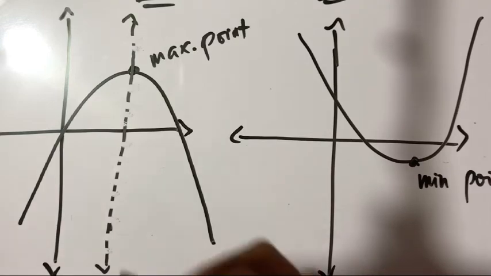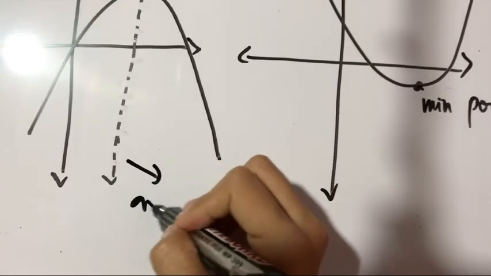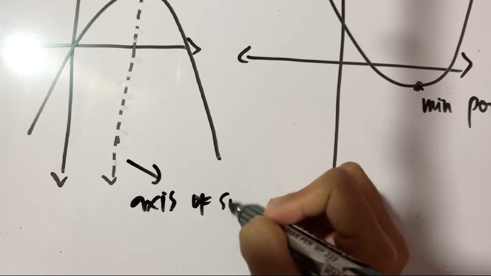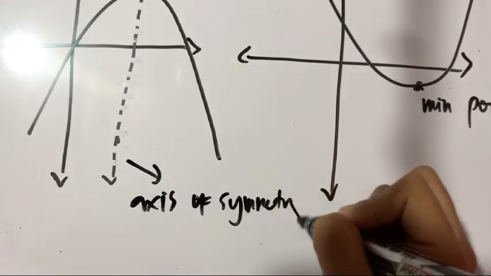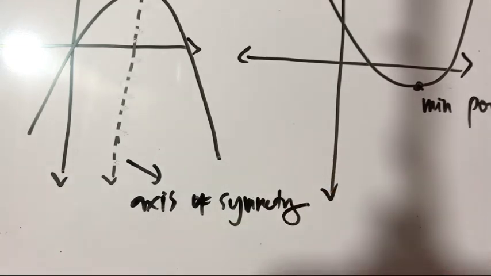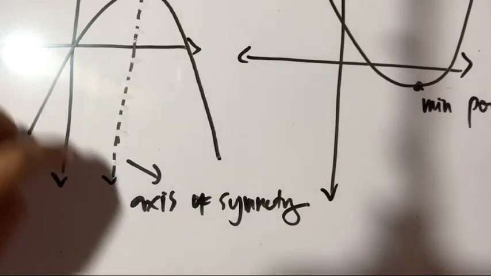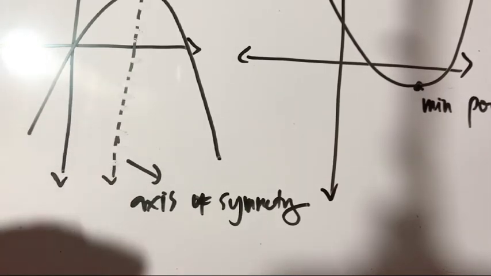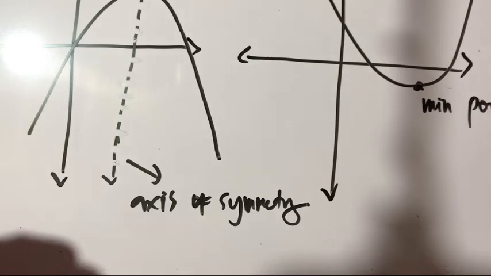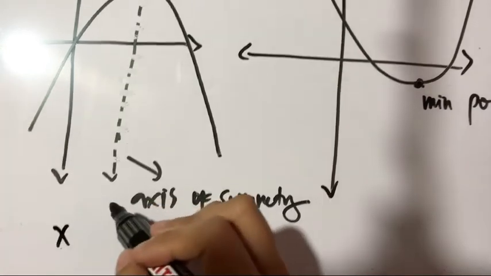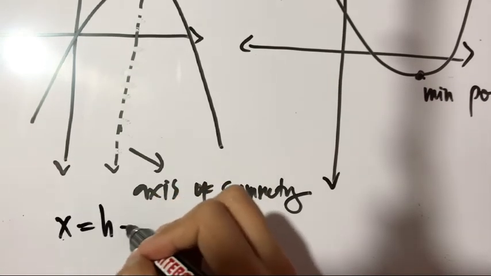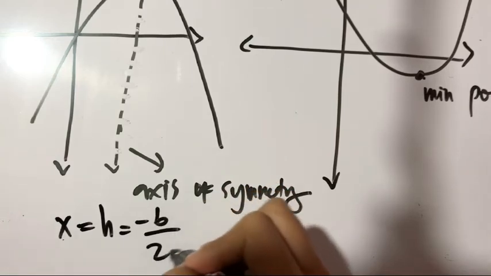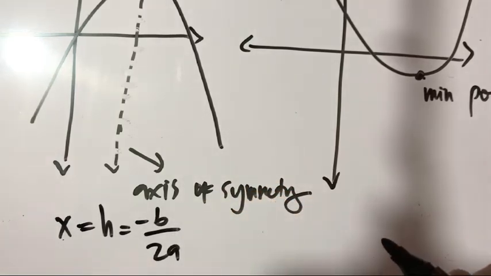This is what we call the axis of symmetry, the line that divides the graph into two equal halves. To get the axis of symmetry, the formula is simply x equal to negative b over 2a. That is just the axis of symmetry.